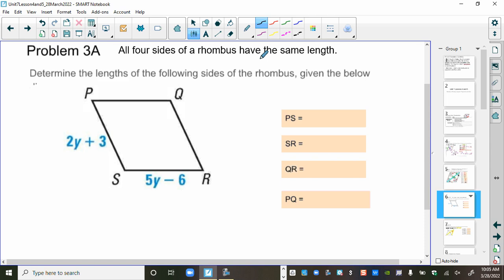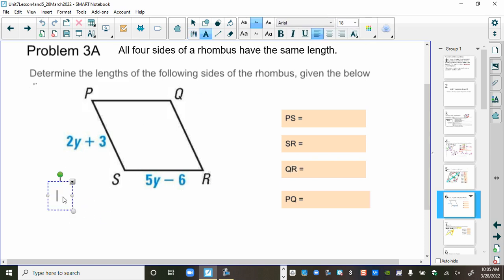All 4 sides are the same. So if we want to solve for this variable, what do we have to do with these 2 sides? All 4 sides have the same length. So what do we know about the relationship between PS and SR? There you go.